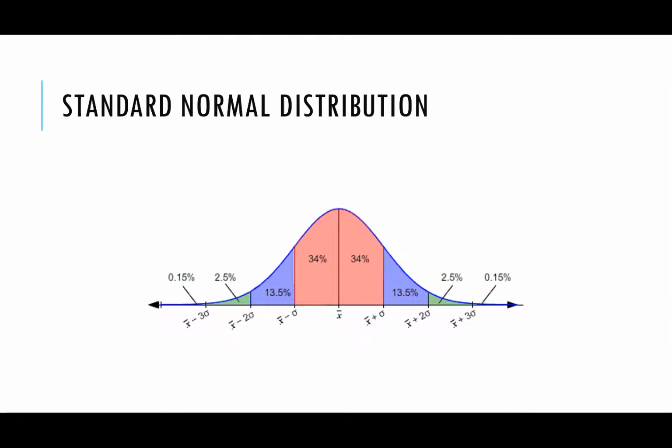Now, what this stems from is, let's take an example of some data. Let's say you go around in your high school and you record the heights of your classmates. Most of your classmates are going to fall within this middle region.